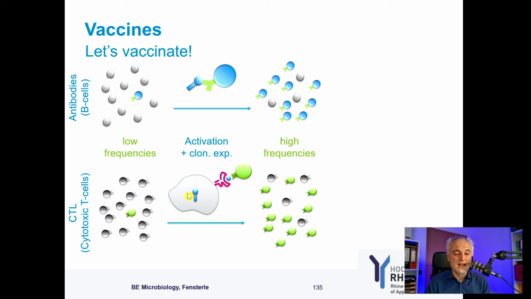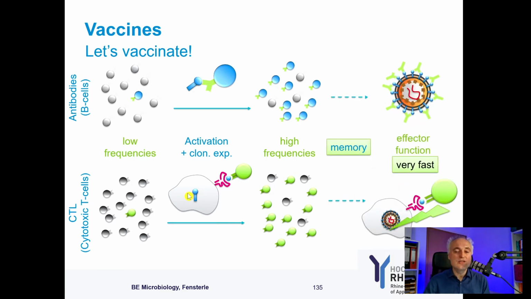Then you get your high frequency, you have your effector function, and you generate memory. This can take a bit longer. You generate memory, having not enough antibodies or active T cells around, and then this happens very fast. So this is how the protection happens.